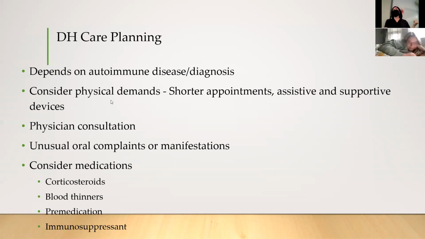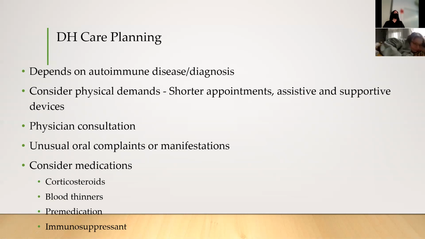And then, just like we already talked about, we want to consider how long they've been on the corticosteroids, if they're taking any blood thinners, if they need pre-medication. It's not as likely that somebody with an autoimmune disease will need pre-medication, but if somebody is on heavy immunosuppressants, it possibly could mean that they need antibiotics.